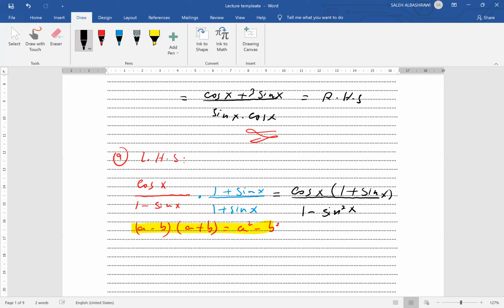But we know that 1 minus sine square x is equal to cosine square x from the Pythagorean identities.